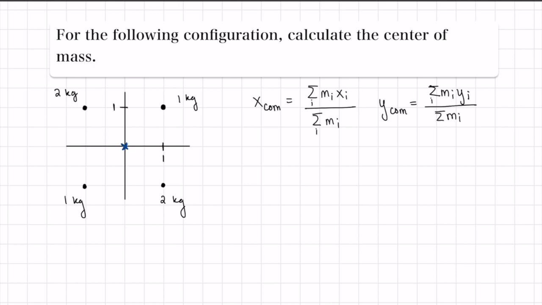And we list out, so again, I'll label these 1, 2, 3, and 4. And we'll have y1 equals 1, x1 equals 1, y2 is -1, x2 is 1, y3 is -1, x3 is -1, and then y4 is 1, x4 is -1.